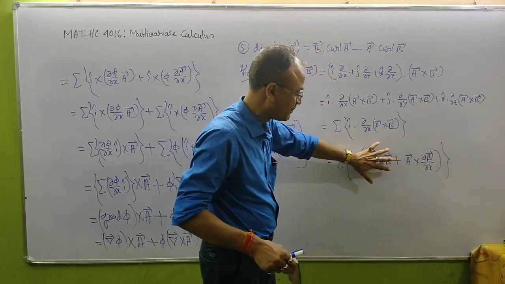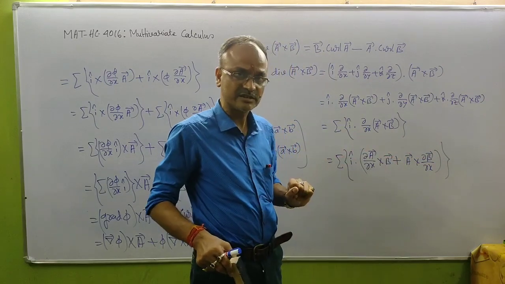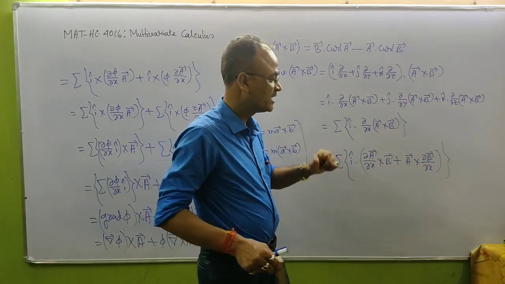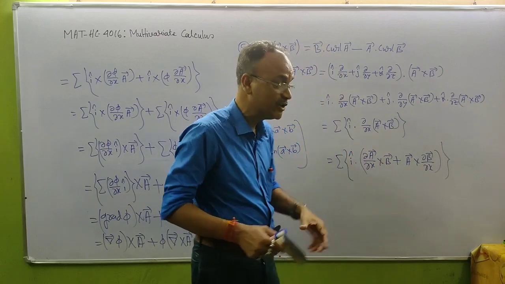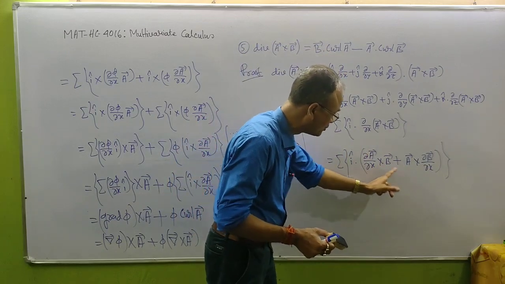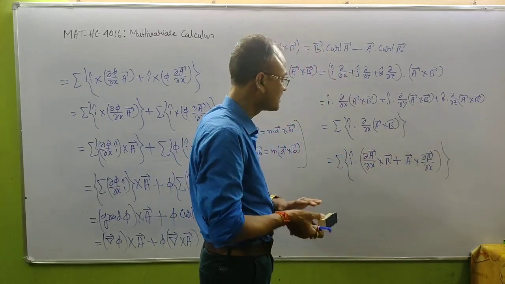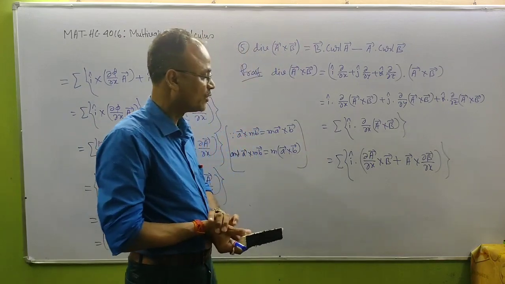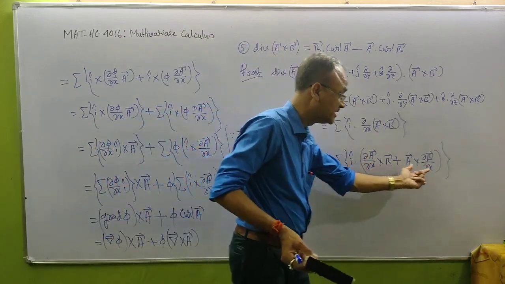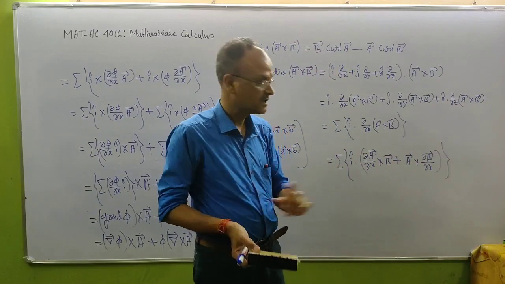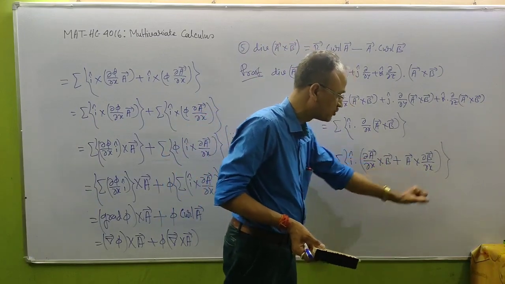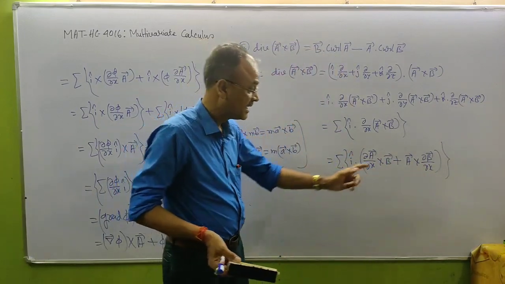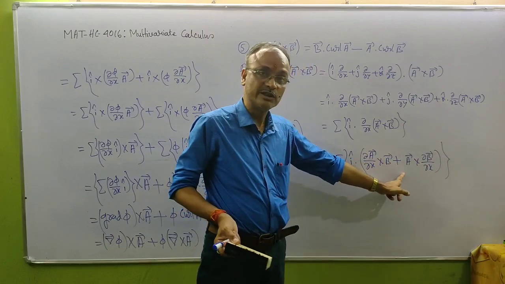This term and this term, the whole terms, can be interchanged in position, but you cannot interchange these two positions. Now this is a vector quantity, this is also a vector quantity, and the plus is there between these two vectors.